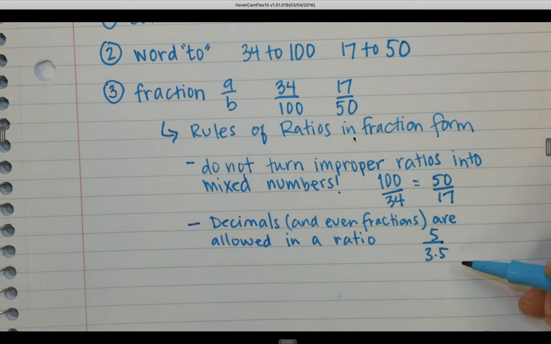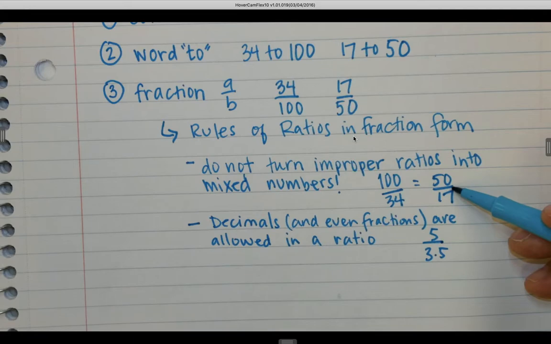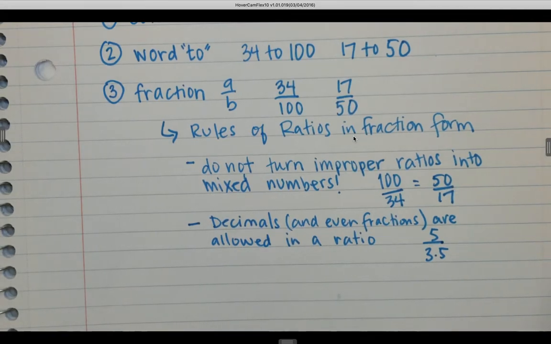So when I'm reading a fraction, I use out of. When I read a ratio, I use the word to. So this would be 5 to 3.5, 50 to 17. I could have 5 3/4 to 9.5. And this would be a ratio. It is not a fraction.